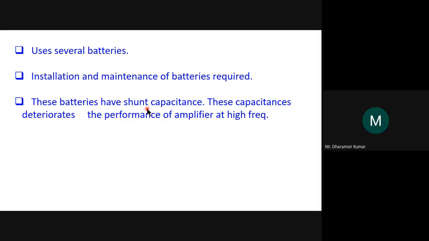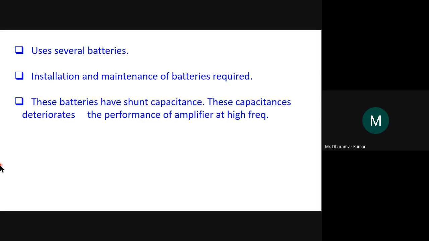During the conversion from AC into DC there is use of filter circuits in between, and a filter circuit consists of capacitors. So there is inherent use of capacitance in the circuit which is used to convert AC into DC, and because of those capacitances, their effect is visible on the performance of the amplifier.